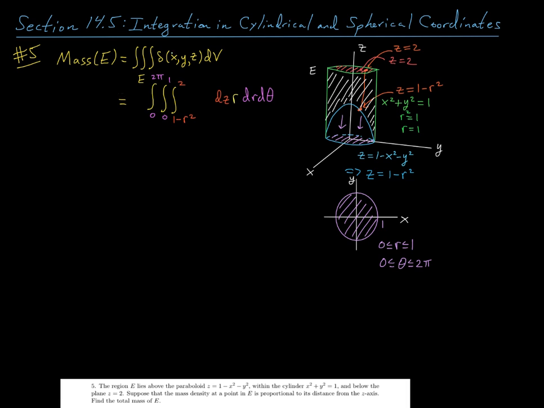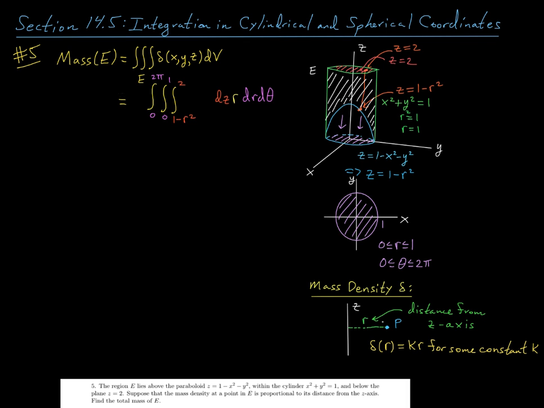All right, and now we're just about there. The last thing we need to do is fill in our mass density function. What we're told in the problem is that the mass density at a point in E is proportional to its distance from the z-axis. So what exactly is that saying? Well, the distance from the z-axis is really just our radial distance r.